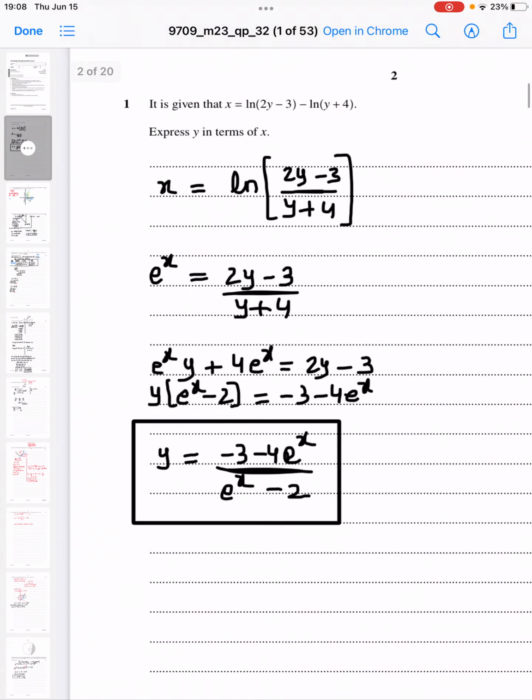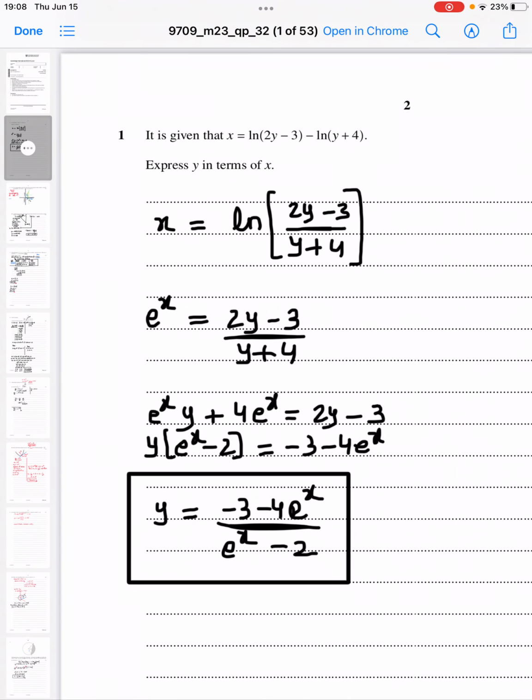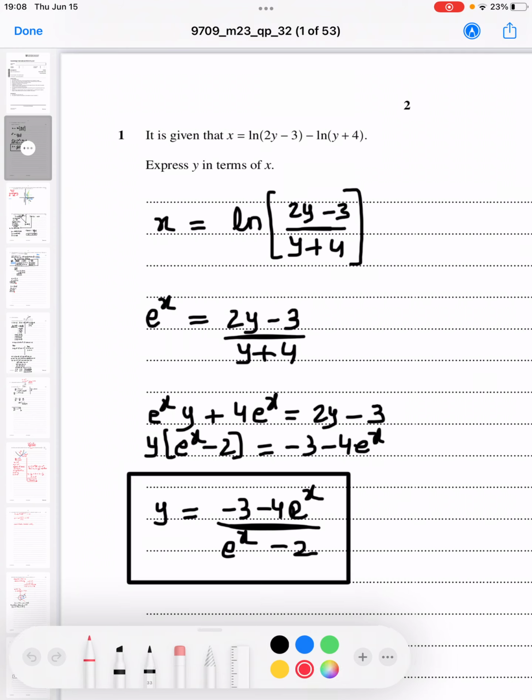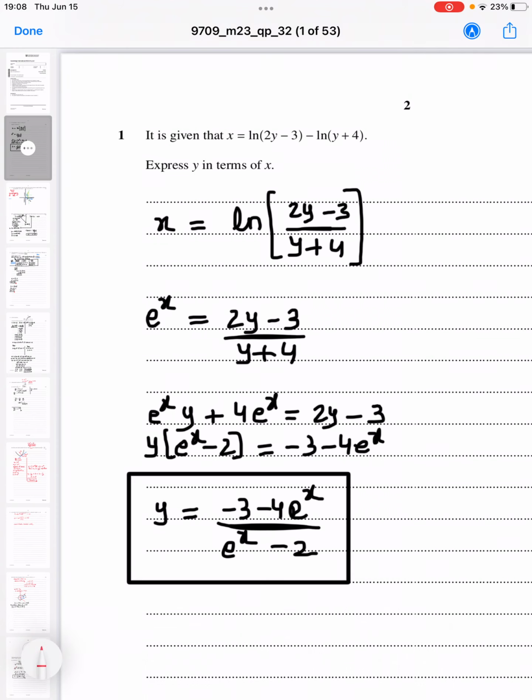So question number 1 says that it is given that x equals ln(2y minus 3) minus ln(y plus 4). Express y in terms of x. So we have the expression x equals ln(2y minus 3) minus ln(y plus 4).